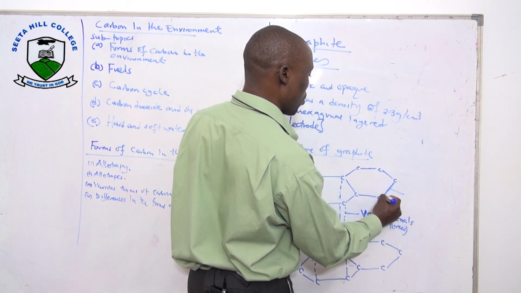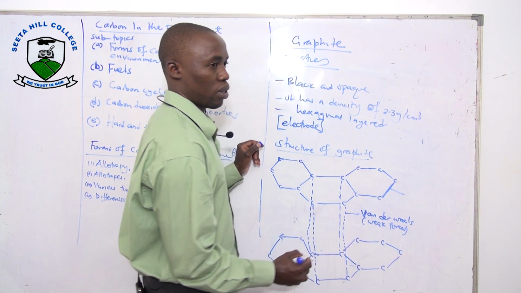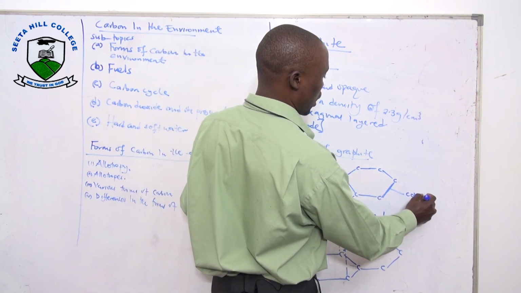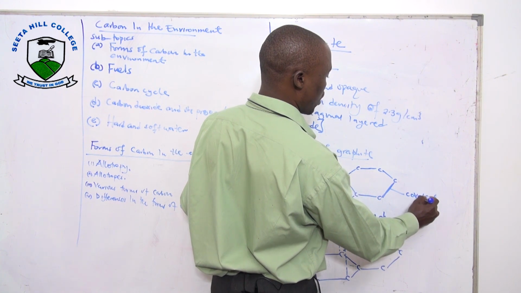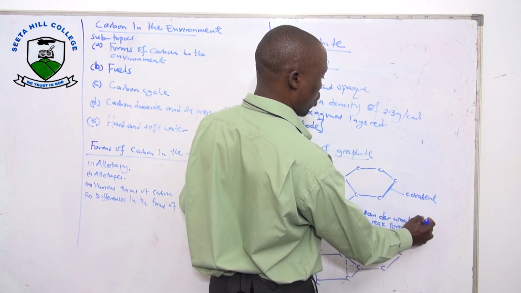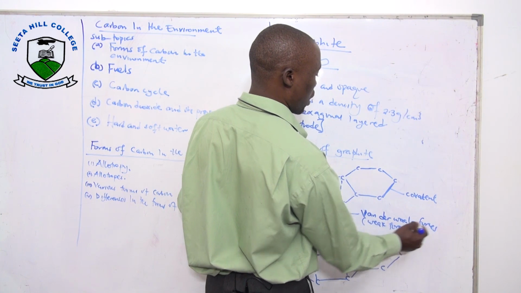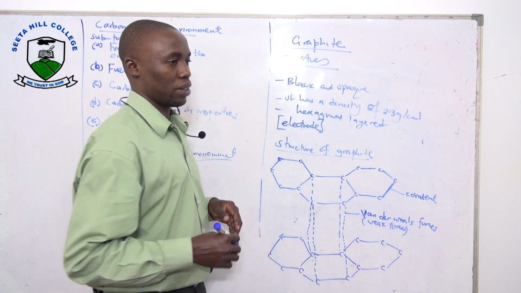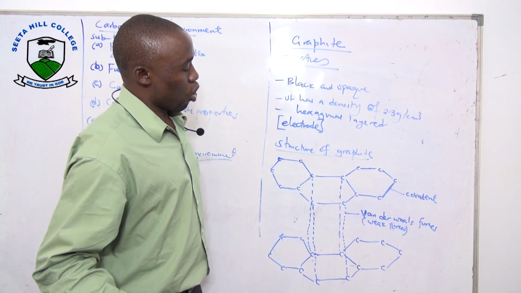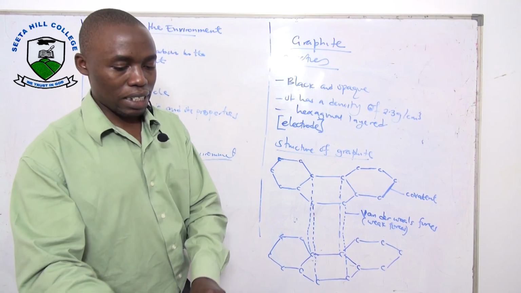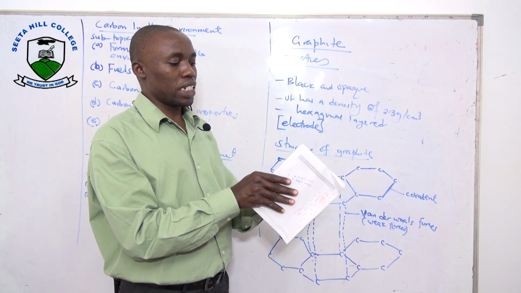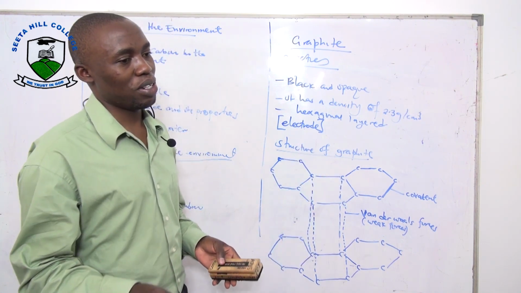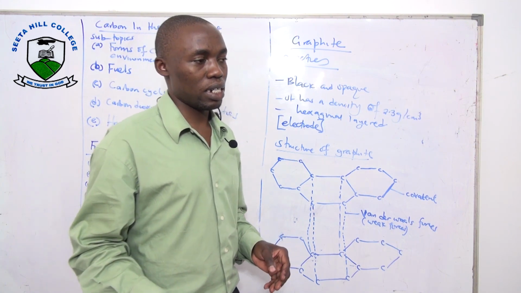Now, what's the name of this one? That line, a bond, is specially called the covalent bond. Van der Waals forces were named after a man called Van der Waals. They are so weak that the layers keep sliding over each other.